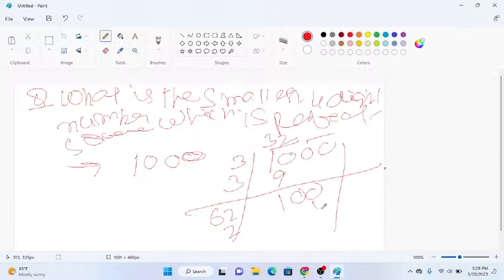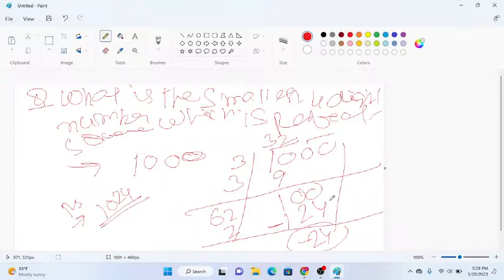So here 2 4s and 2 6s are 12. Now you see here, this is minus. So reverse subtraction: 4 minus 0, 4, 2 minus, minus 24. That means if we add here 24, it will be a perfect square number. Okay. So my correct answer will be 1000 plus 24, that is 1024. So this is our correct answer.